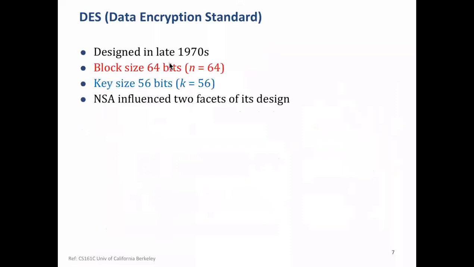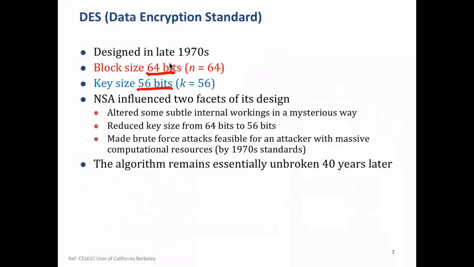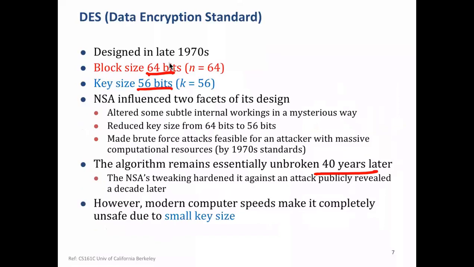Of course, we have looked at DES and AES. DES came early, with a block size of 64 and a key size of 56. It remained in use for a very long time, but as the speed of computers increases, it's easy to break it. This algorithm remained unbroken for 40 years, but now people have found they can break it because the key size is small.